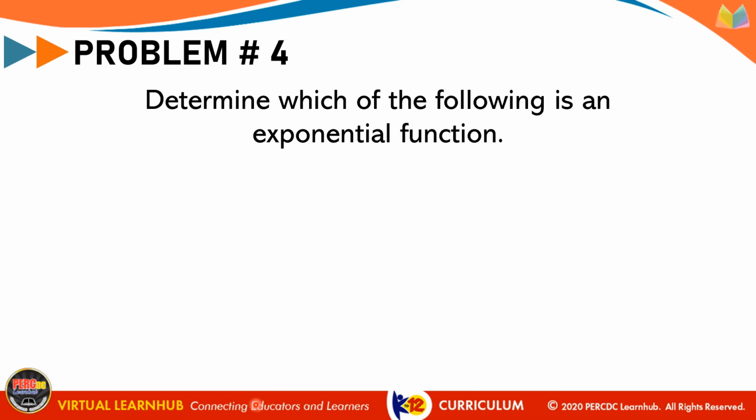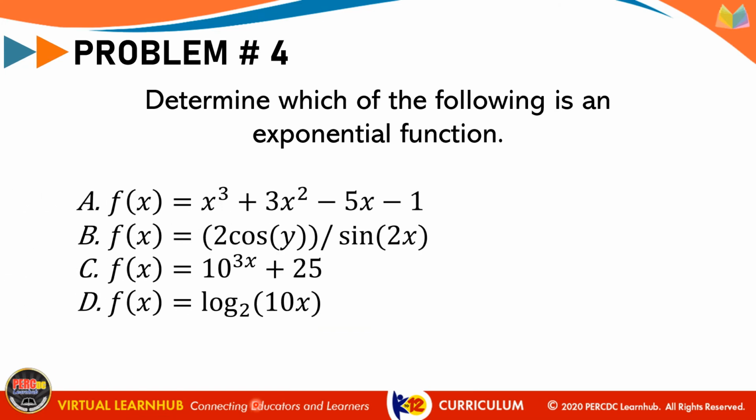For problem number 4, determine which of the following is an exponential function. A. F of x equals x cubed plus 3x squared minus 5x minus 1. B. F of x equals 2 cosine y over sine 2x. C. F of x equals 10 raised to 3x plus 25. And D. F of x equals log of 10x to the base 2. A is not an exponential function but instead it is a polynomial function.